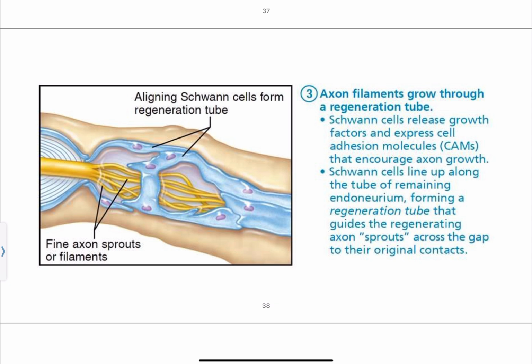So yes, they can do it on their own, but sometimes neuron growth, as far as regeneration, is haphazard. It's not perfect. So this regeneration tube that we can sometimes make in our own neurons is really helpful for guiding their connection again. But if there's a lot of severe damage and you have to have a surgeon go in, they will actually manually insert a regeneration tube to help guide all of these axons to connect together.